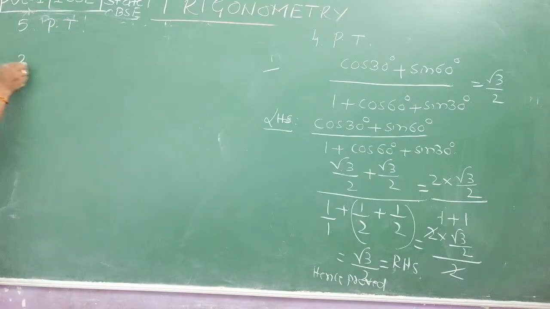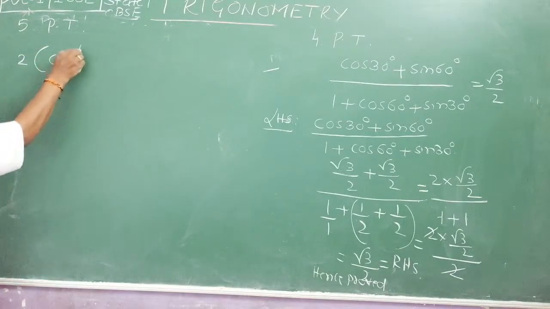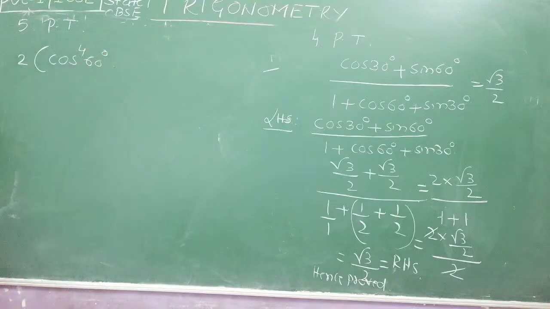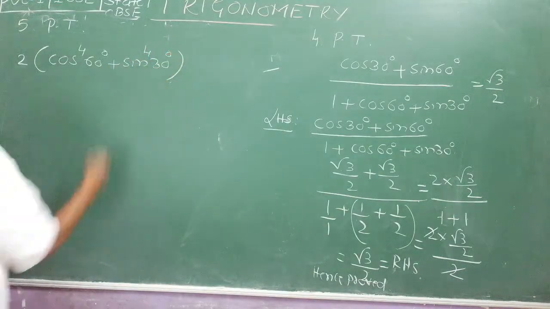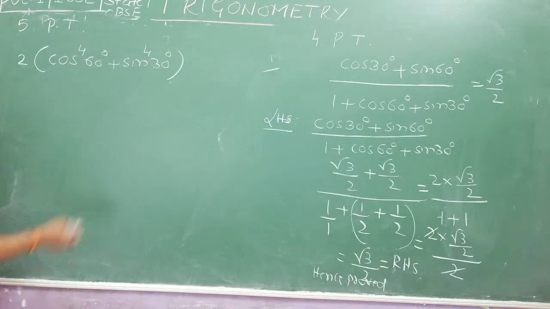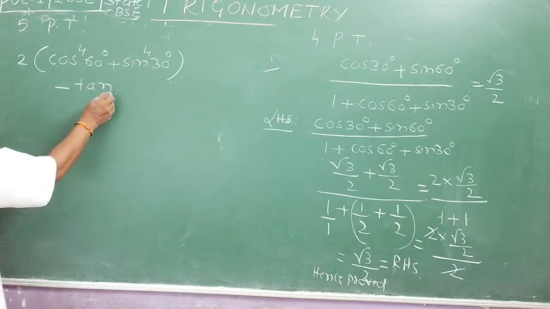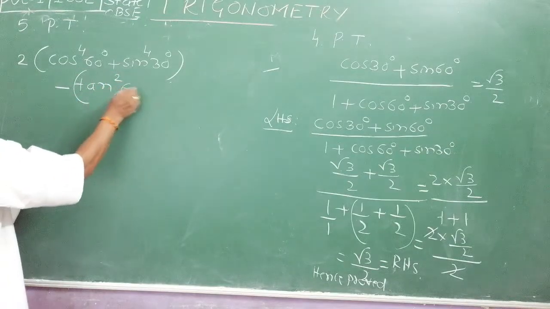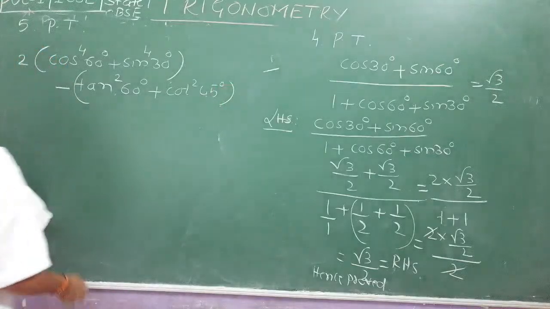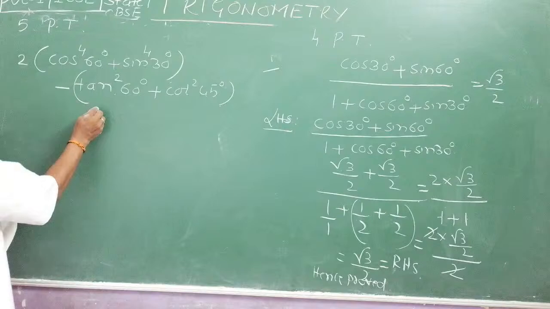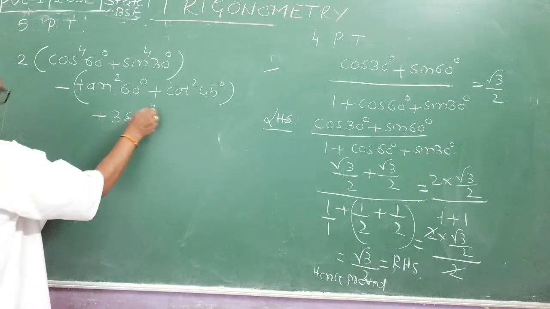Try this one. 2 times into bracket cos raised to 4 60 degree plus sin raised to 4 30 degree, minus bracket tan square 60 degree plus cot square 45 degree, close the bracket, plus 3 times sec square 30 degree.